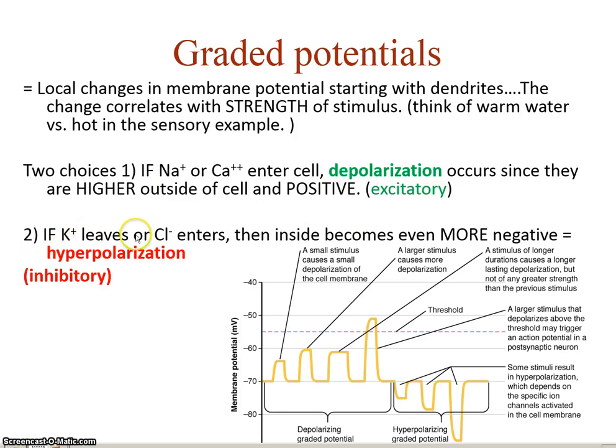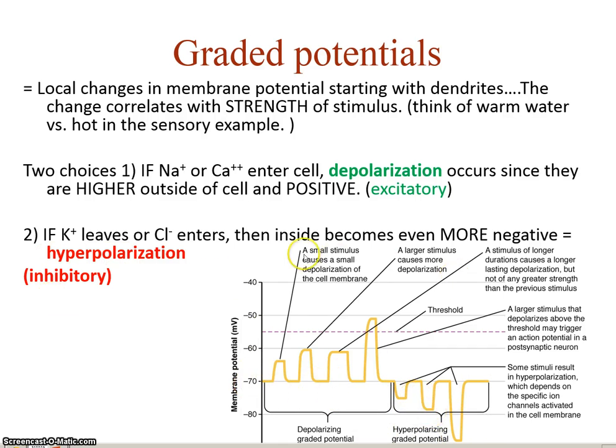If potassium leaves, so if a potassium channel opens instead, or chloride enters, and chloride is negatively charged and it's high outside the cell, then the inside becomes even more negative, and we refer to this as hyperpolarization that you see happening here, even more negative, and these are inhibitory.